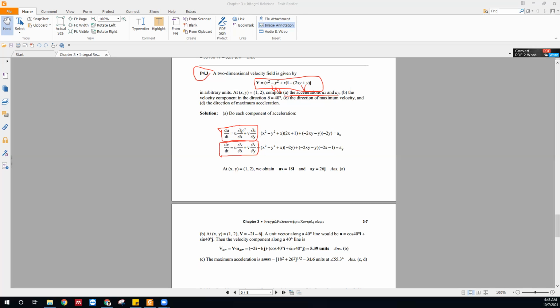Now for this equation, you see, this is the partial derivative. u equals x² − y² + x, multiplied by ∂u/∂x. So ∂u means this one.